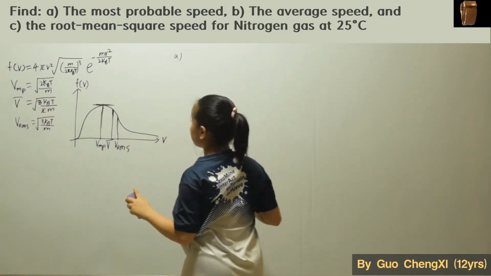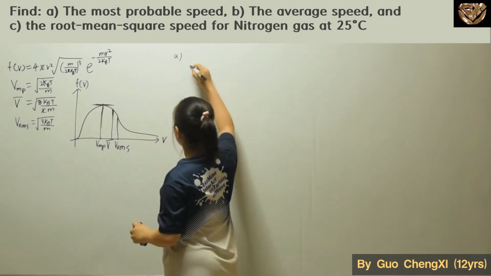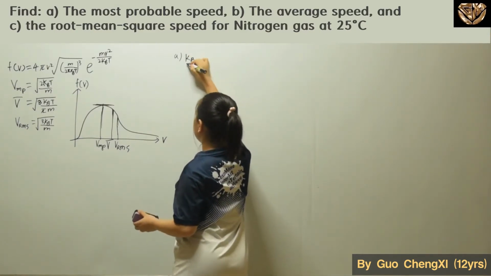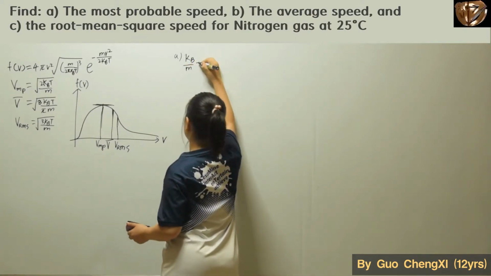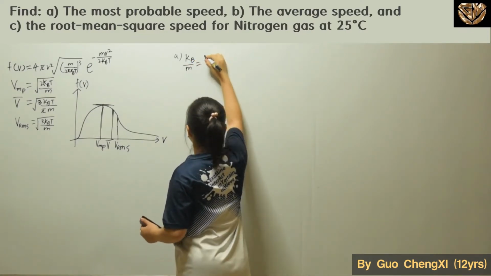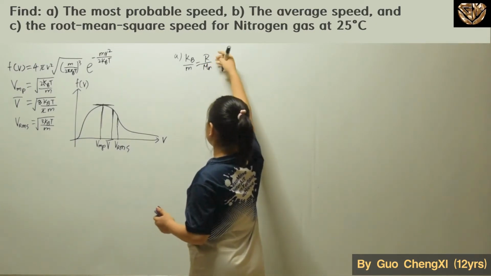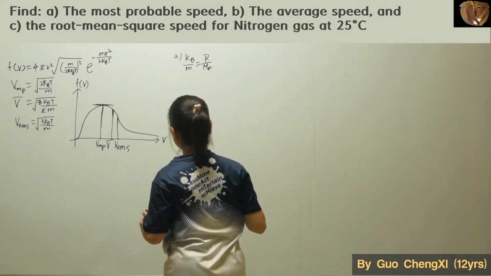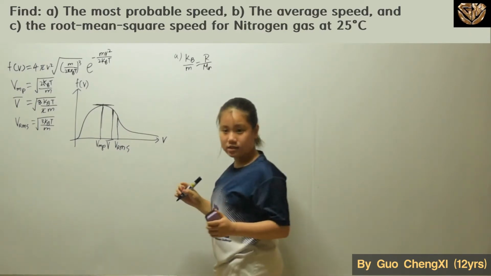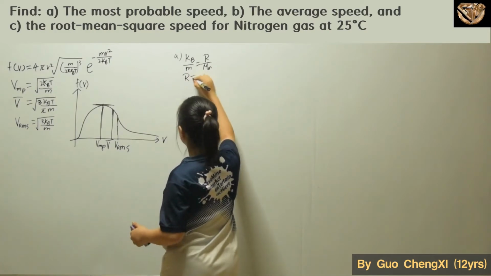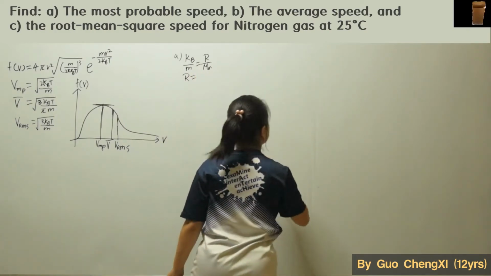We've learned from previous lessons that kB over m is basically R over M_r, the universal gas constant over the molar mass.